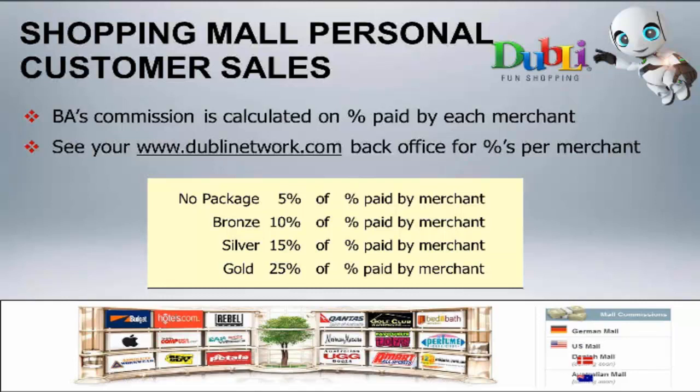And we've already discussed that Dick Smith are going to pay Jubilee 5% of each transaction made by one of their shopping mall customers. So if a customer purchases $100 worth of goods from Dick Smith, they will pay Jubilee 5%. Your percentage will be paid on that 5%. Now, if it's 5% of $100 spend, that's $5. So if you have no credit package, you'd earn 5% of $5. If you have the bronze, you'd earn 10% of $5, or 15% of the $5, or 25% of the $5.